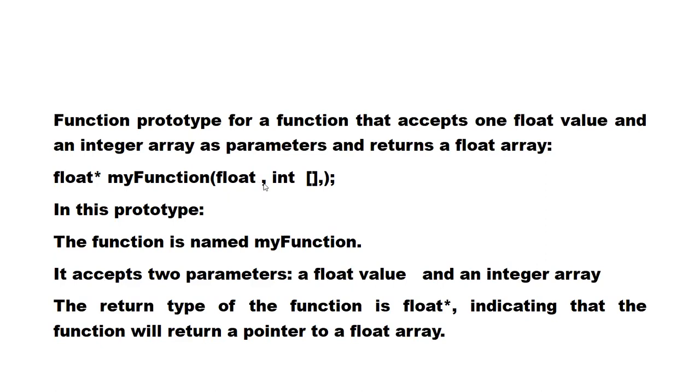First one is float, comma, then it is an integer array. So we can put either int star or you can put int empty bracket. Then we put the semicolon. So in this prototype, the function is myfunction. It accepts two parameters, a float value and an integer array. The return type of the function is float star, indicating that the function will return a pointer to a float array.